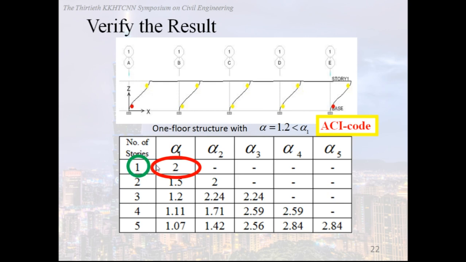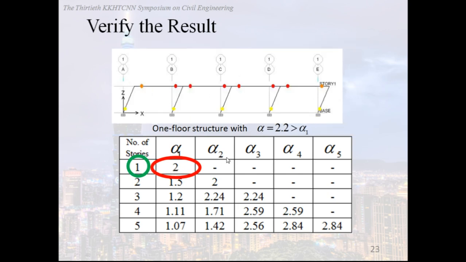So the result is story mechanism. It's consistent with the ETABS. And similarly, if we take alpha equal to 2.2 from this table, alpha is larger than alpha 1, so the result is beam mechanism.